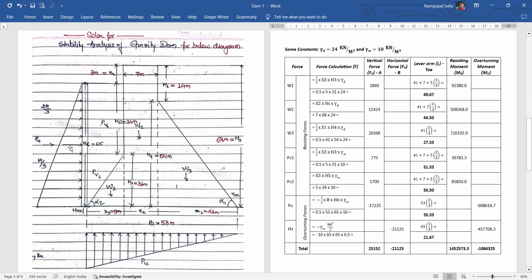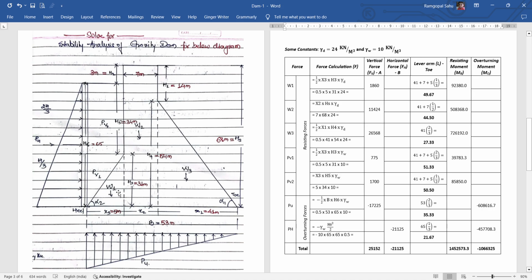And the last one is the head water pressure, PH. It is generally acting at a distance of h by 3 from the bottom or 2h by 3 from the top.